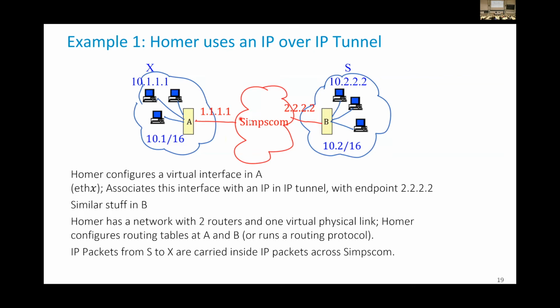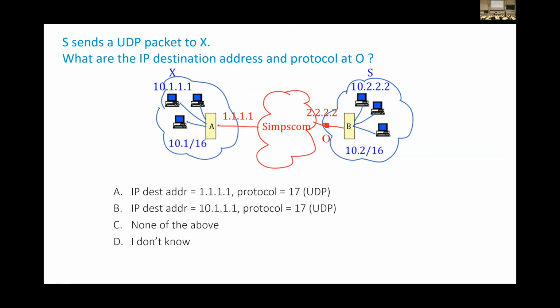You have the physical interface that goes to the Swisscom network here. And you have a logical interface that adds these encapsulations here. So packets from S to X and vice versa are carried inside IP packets. So for the operator, there's no VPN, there's no VPN service. You just see IP packets carried from A to B. You don't know what is happening here.